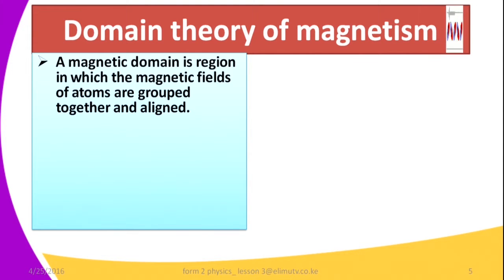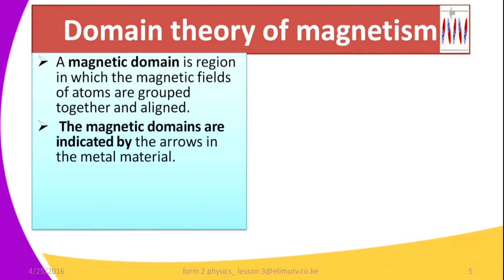Different magnetic domains have different alignments. So if you move from magnetic domain A to magnetic domain B, the alignments are different. To be aligned is actually to face in one specific direction. So that's about the magnetic domain.